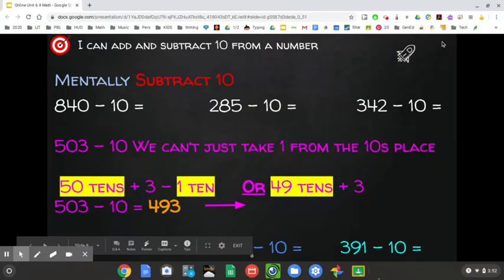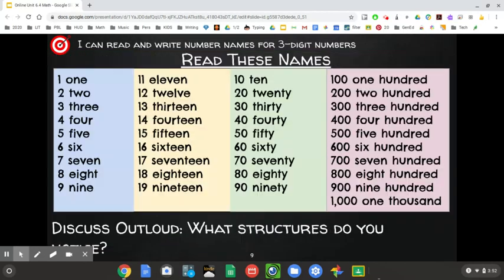What I want you to do is look at these numbers. As you're looking at these, what structures do you see? Because a big part of numbers is structures and patterns. So just take a look at these and tell me what you notice about the structures.